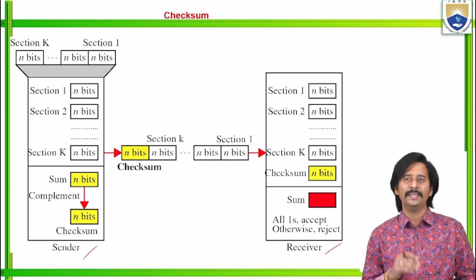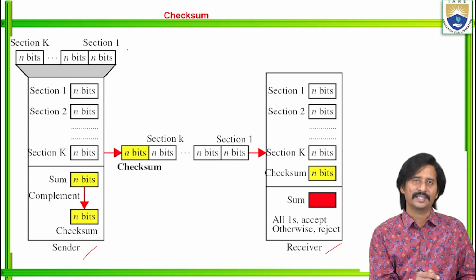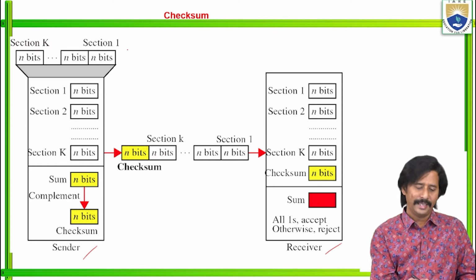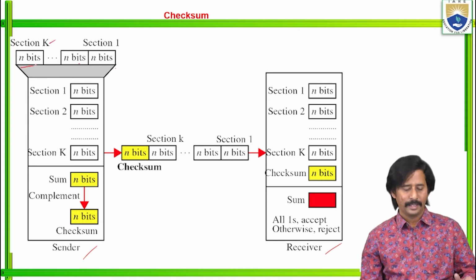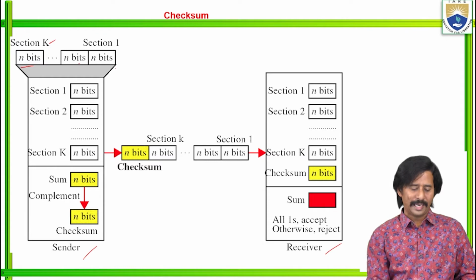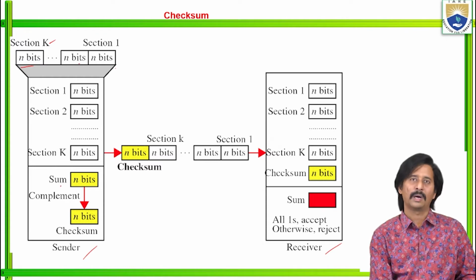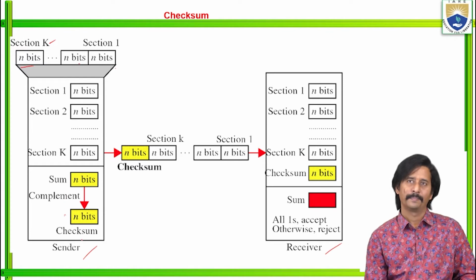For understanding purposes, we can call them sections or segments. Section 1 of n bits, section 2 of n bits, section 3, and so on up to section k of n bits. Then we have the sum, complemented, n bits.